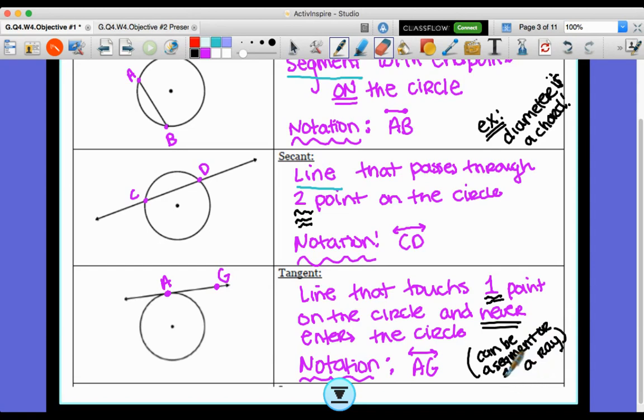Right, so if it was a segment, I would be dealing with AG with the segment symbol. If I was just looking at the ray, it would be AG with that endpoint and an arrow. Right, you're not going to have GA. That wouldn't really make sense. It's typically a line is usually what we're looking for. All right, let's keep going.